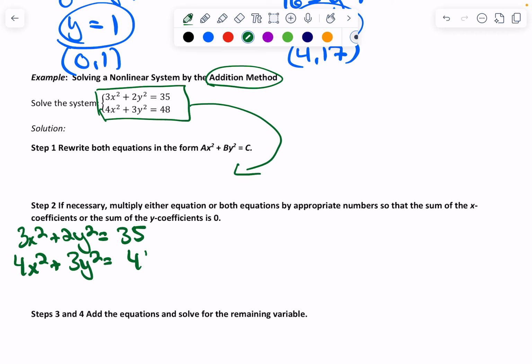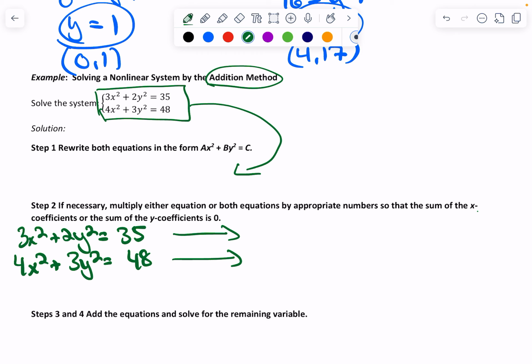Because over here, we need to multiply either equation or both equations by appropriate numbers so that the sum of the x coefficients or the sum of the y coefficients equals 0. And now, looking at this, we're going to have to multiply both. If I can, I pick the smallest numbers.